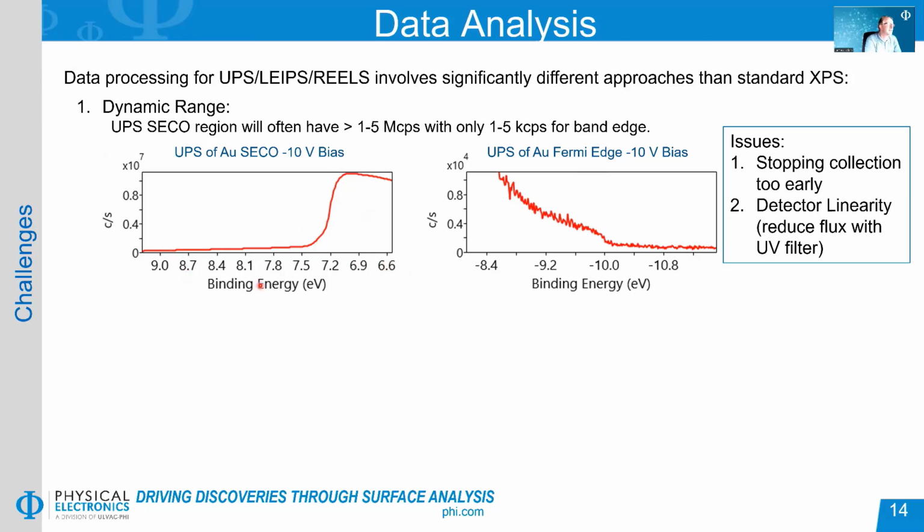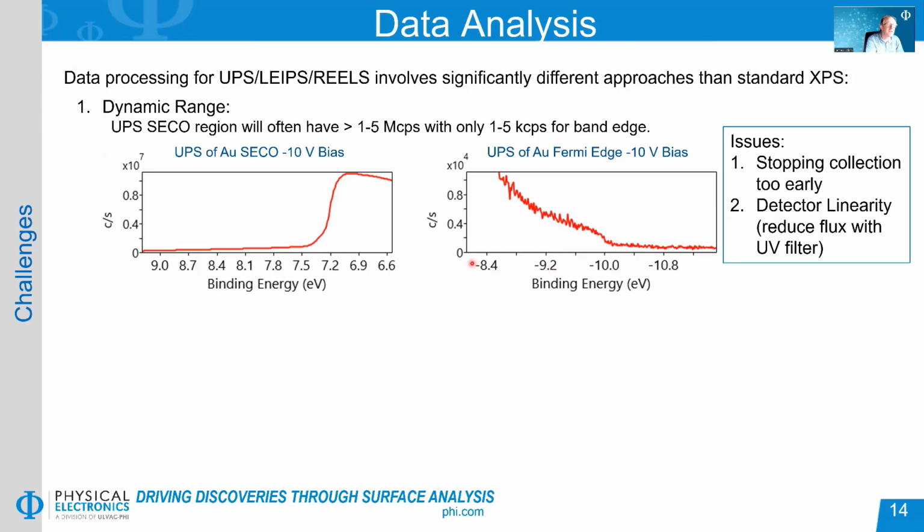So here we have UPS of a gold surface with a 10 volt bias on the sample, and we have almost 10 million counts per second at that cutoff. And yet we only have about 40,000 over here at the Fermi level.